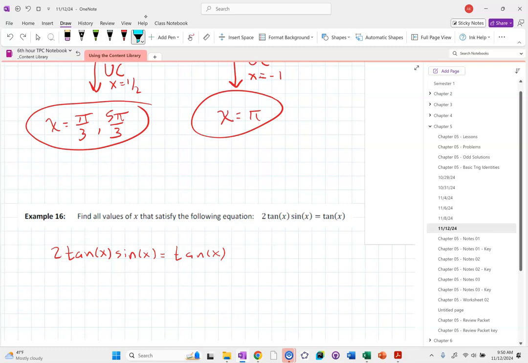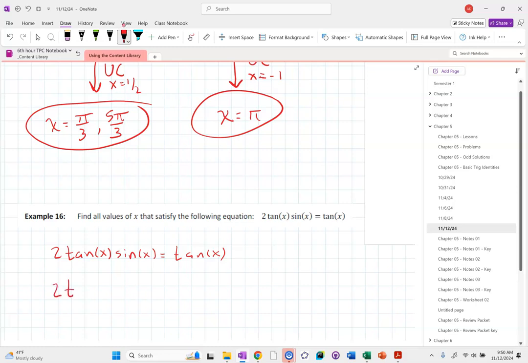The other option then is that maybe I can do some factoring where I can separate out my trig functions into their own separate factors. That's going to be the route that we're going to have to go with. So the first thing I want to do if I have to go this factoring route is get everything on one side of my equation.